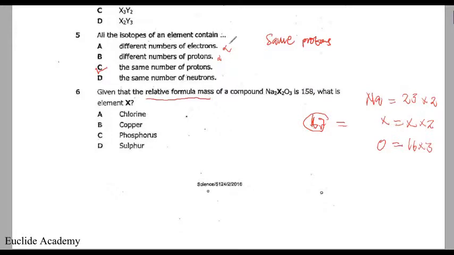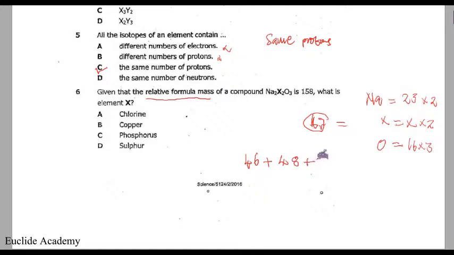So at this point I'll allow you to get your calculator. 23 times 2 gives you 46. Then 16 times 3 should give us 48.